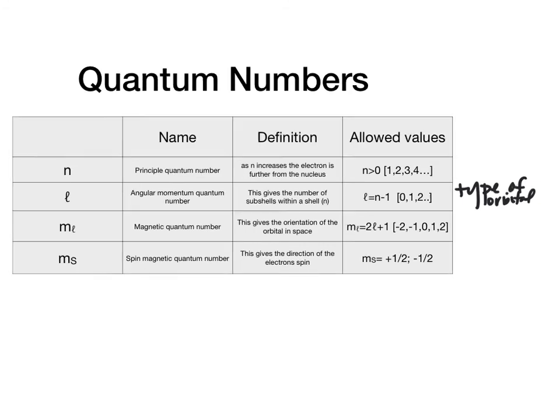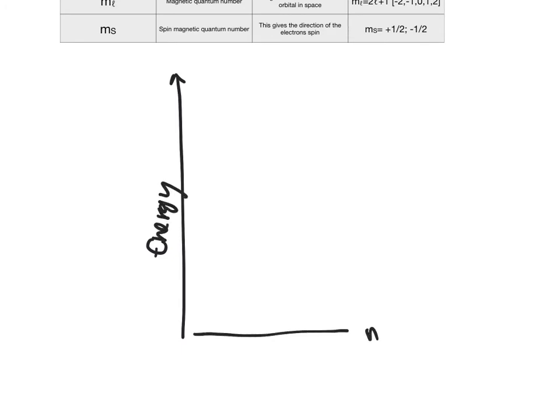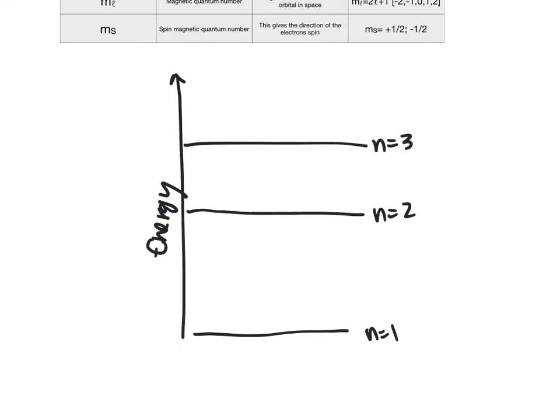So if we were to draw an energy diagram where energy increases, we can have the n equals 1 state, n equals 2, and n equals 3. There are more states than this, but in n equals 1, we have L equals 0, and in there, m sub L equals 0. At n equals 2, we have L equals 0, which is our s orbital.